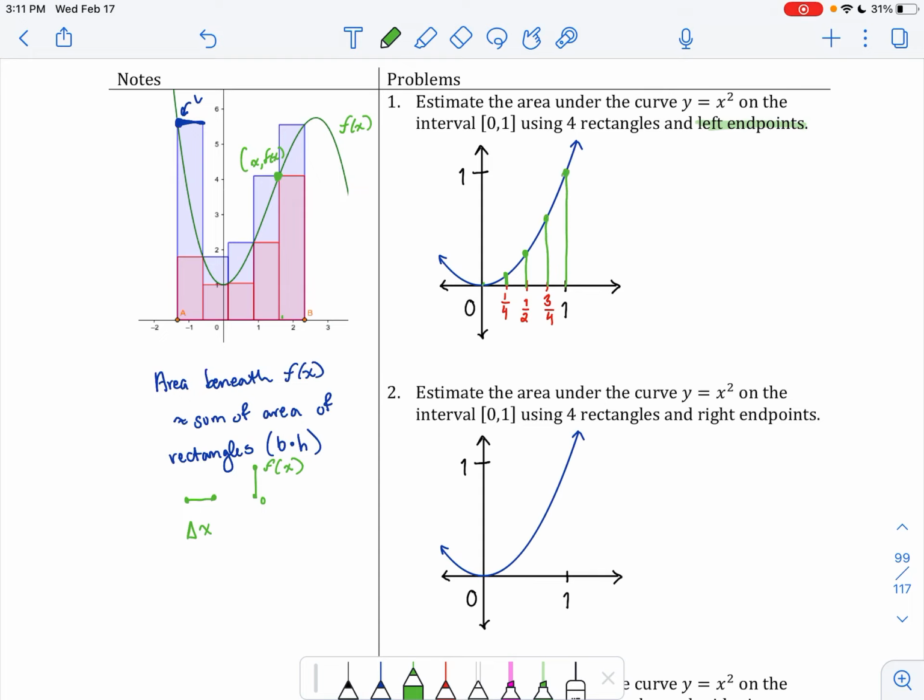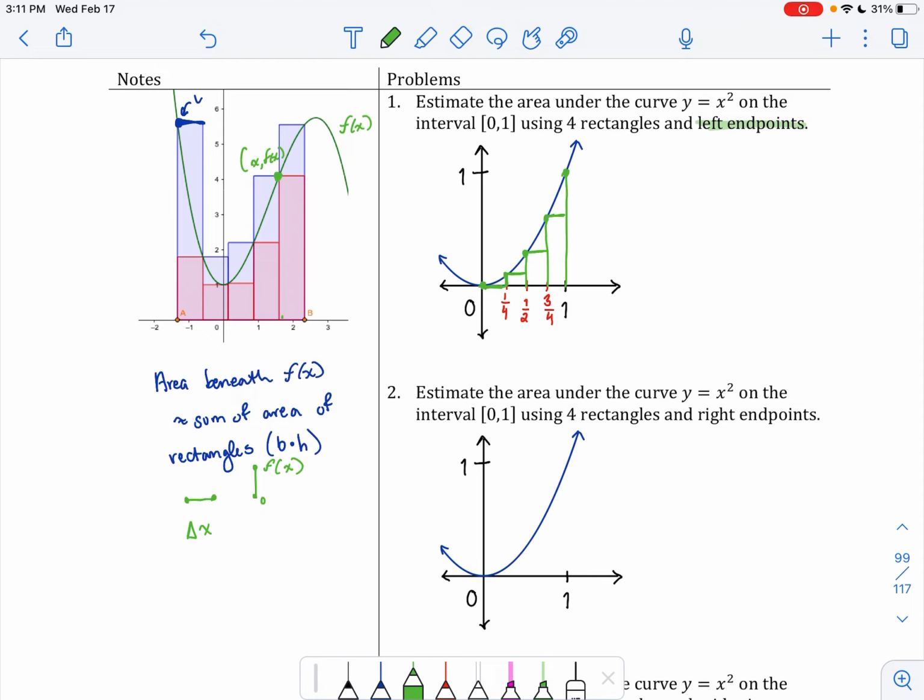So here are the points that we'll be using. And now, since we're using the left, I'm going to draw the endpoints out from the left side until it connects back on the other. So now you have 3 very apparent rectangles, and this is just a rectangle that has a height of 0.